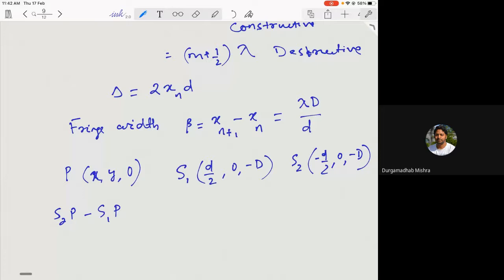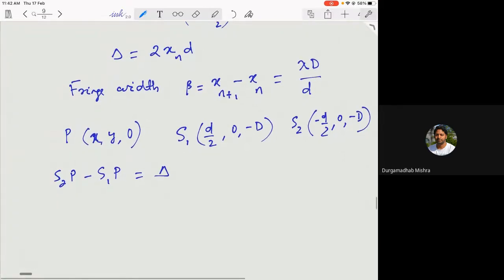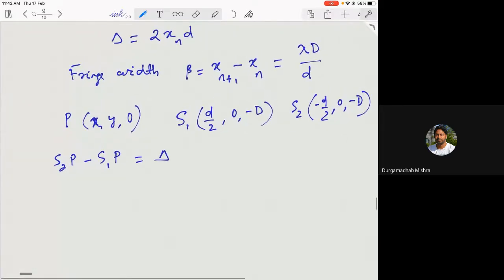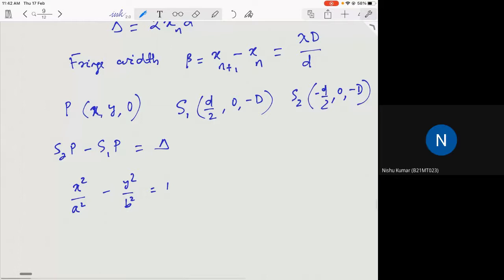If you substitute that and solve the equation, which I will let you do, you will obtain a final expression, something like a hyperbola equation.